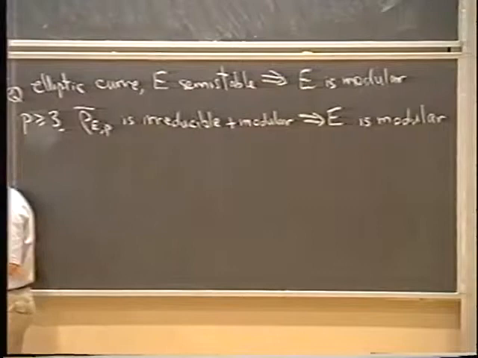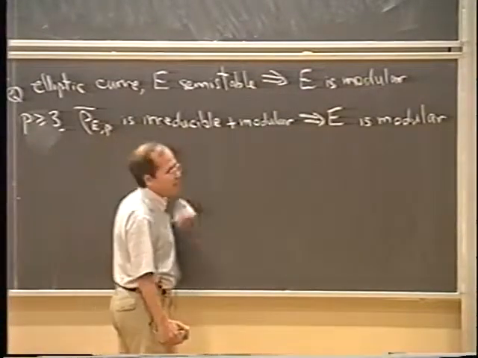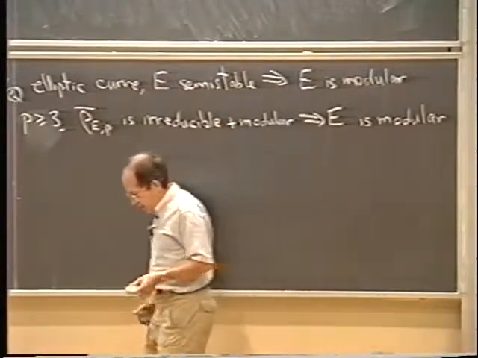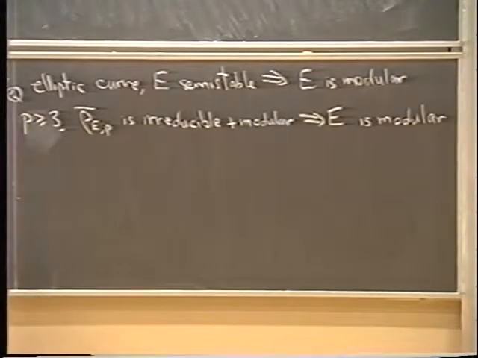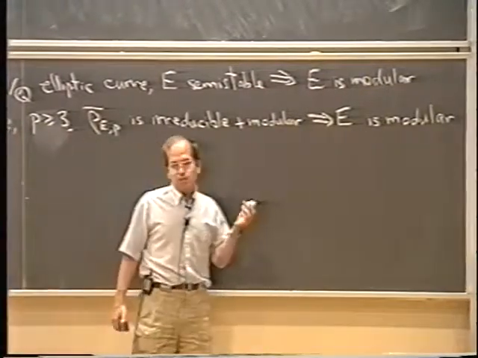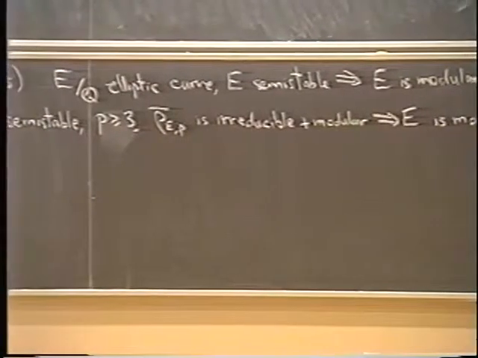So there are two rather important hypotheses in this theorem. One is that this representation is irreducible. The other is that it's modular. Being irreducible is a fairly easy condition to check in principle, but it's not always going to be true. Modularity, on the other hand, you expect is always true, but it's quite difficult to verify.